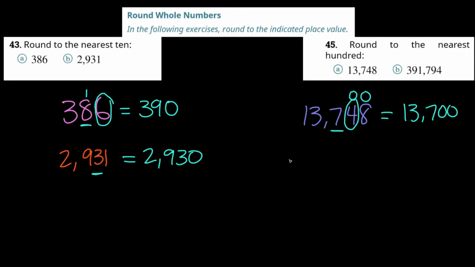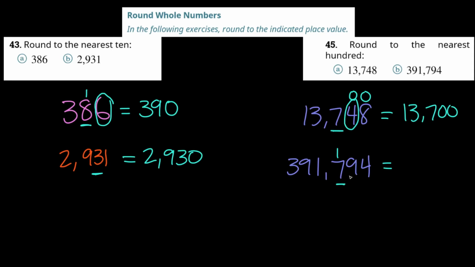Now if we take a look at 391,794, we look at the hundreds place, so we're going to underline it. Look to the number directly to its right. We see that it's a 9. So 9 is greater than 5, which means we're going to round up.